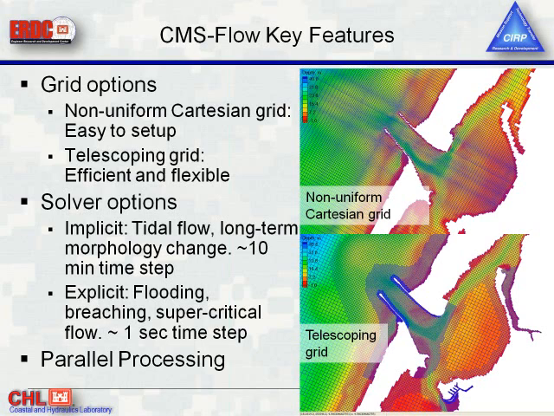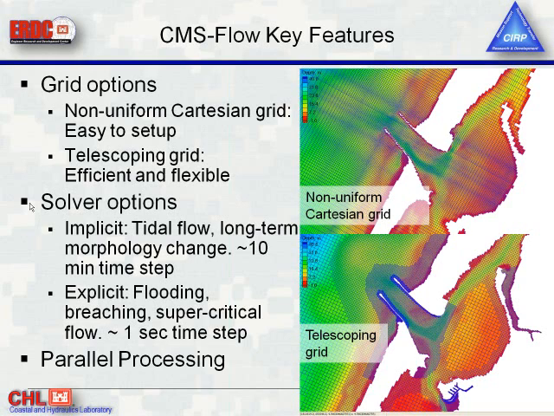It has 2 types of grids available. Actually, these can be subdivided, but you have the option to do a non-uniform Cartesian grid or a telescoping grid. Whether you choose one or the other depends on basically time, because the telescoping grid is more involved to generate. The non-uniform Cartesian grid is simpler.